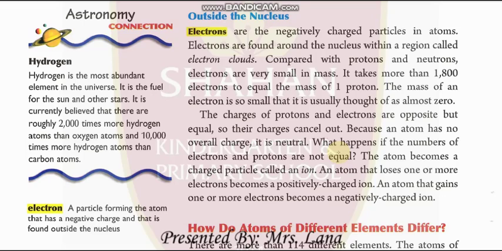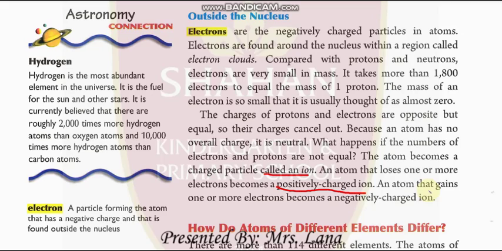An atom that loses or gains one or more charged particles is called an ion. An atom that loses one or more electrons becomes a positively charged ion. An atom that gains one or more electrons becomes a negatively charged ion.